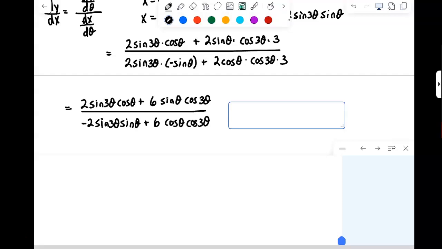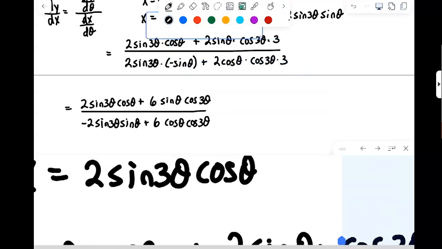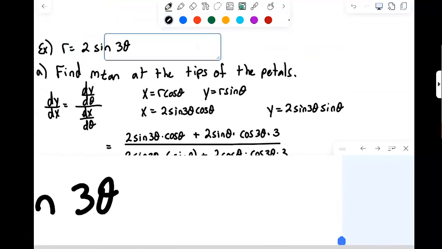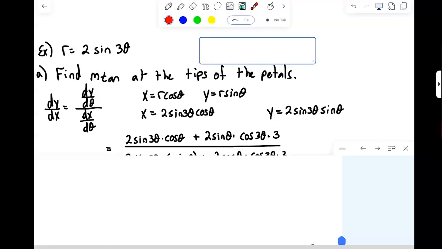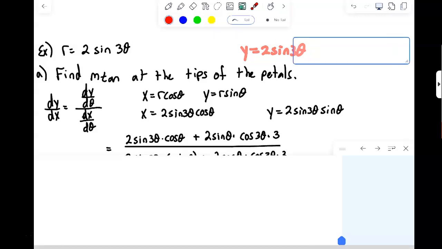So we can come up with these by saying to ourselves, when does this equation here, y equals 2 sine 3 theta, reach its high and low points, right? And where do they occur? Because that's where we're going to need to evaluate.